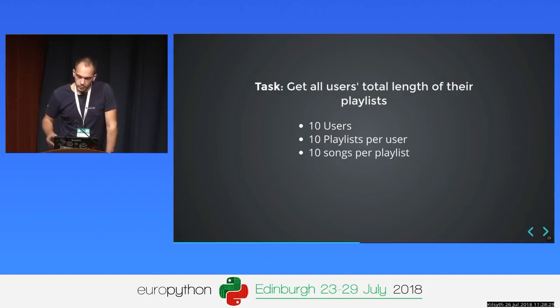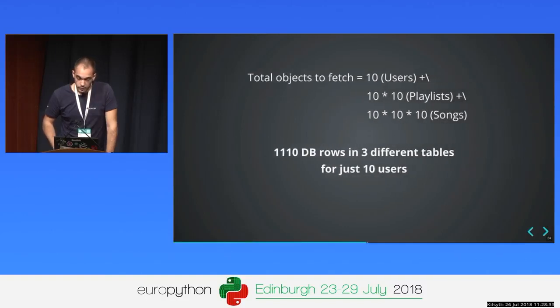Then in order to calculate the length for 10 users, we need to fetch 1,110 database rows, which will not be very slow, but if you had 10,000 database rows, it will be a problem, since there are still physical limitations between the software architecture.